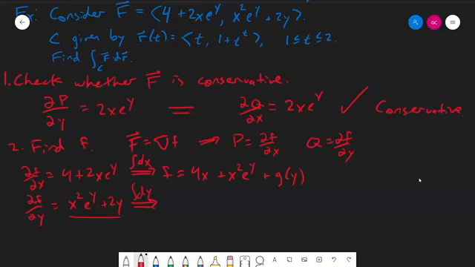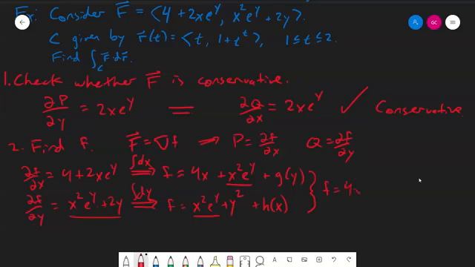If I integrate this with respect to y, we find that f has to be x squared e to the y plus y squared plus some function of x. And now you say, okay, I want f to be written in both of these forms, and you just take all of the terms that appear in at least one of these, but make sure you don't duplicate the terms that appear in both.